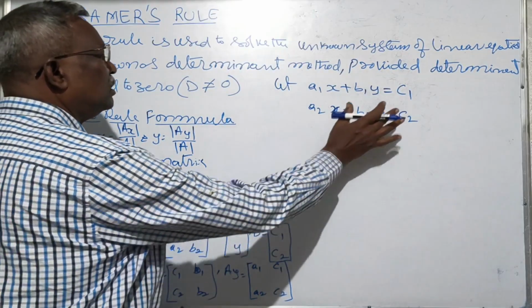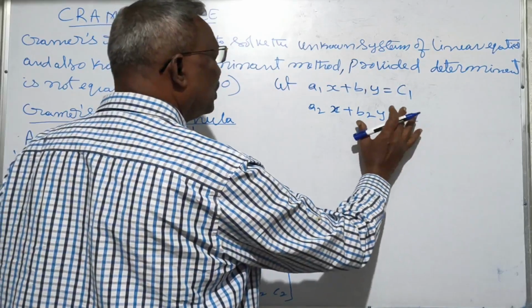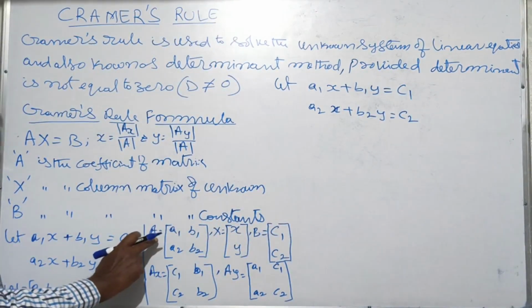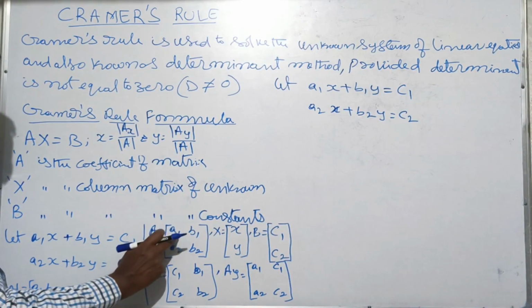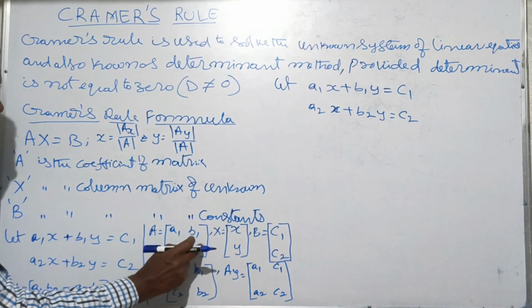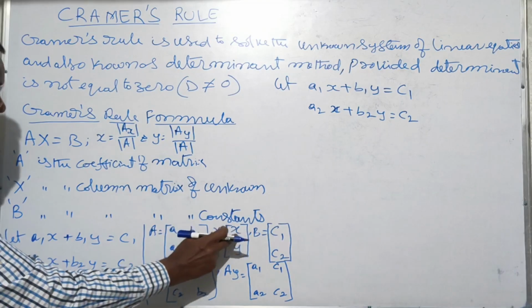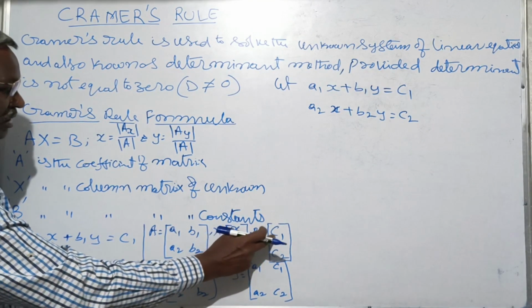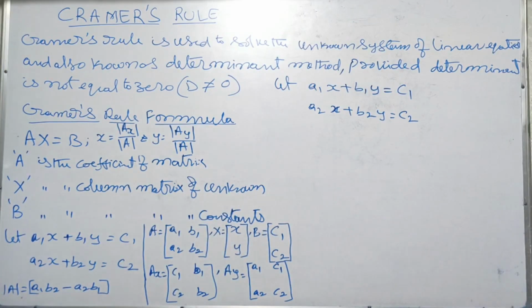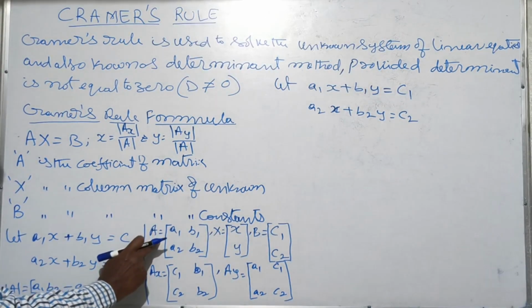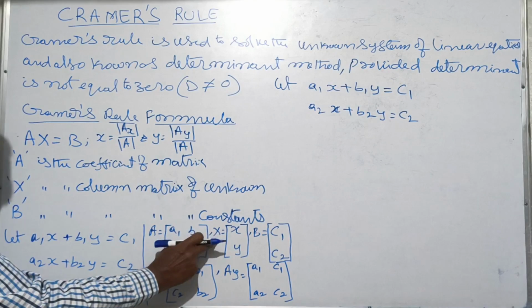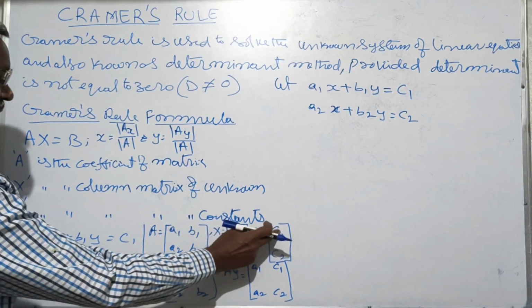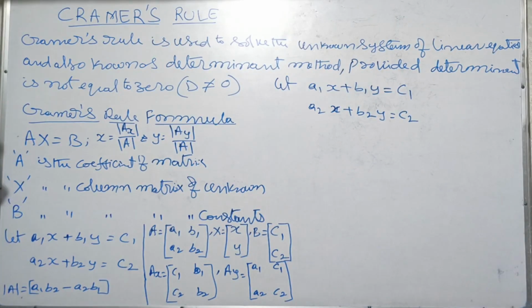If we rewrite this linear equation in the form of matrices, A is equal to a1 b1, a2 b2, X is the column matrix x, y, and B is the constant column matrix c1, c2. A is the coefficient matrix, X is the unknown column matrix, B is the constant column matrix.